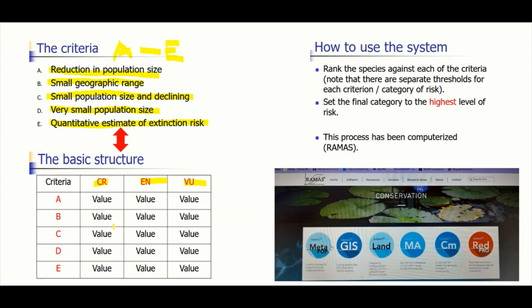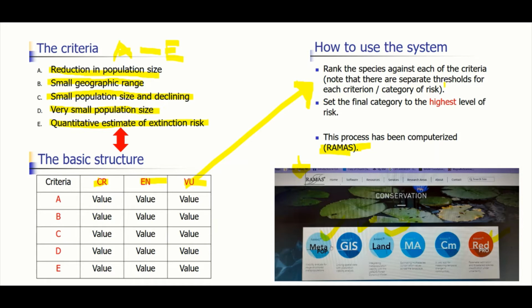So we will give values to each of them as per the category. For critically endangered, is there a reduction in population size? Is there a small geographic range? Then we give a value. We use the system, we rank the species against each of the criteria.